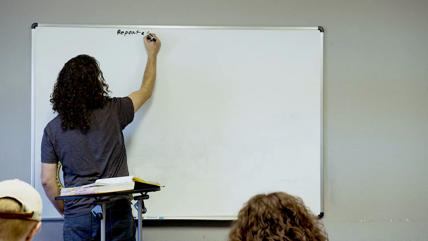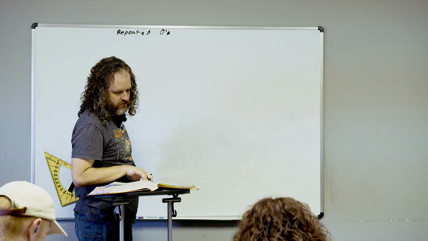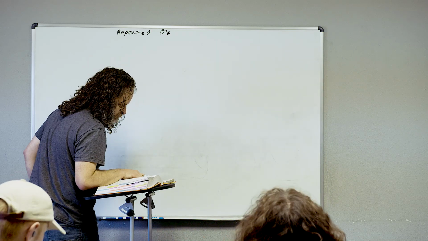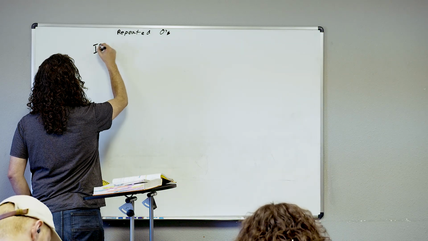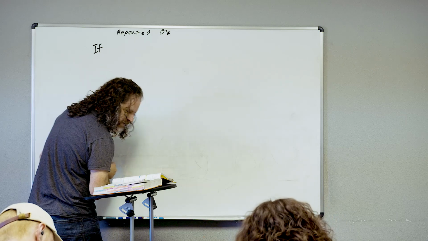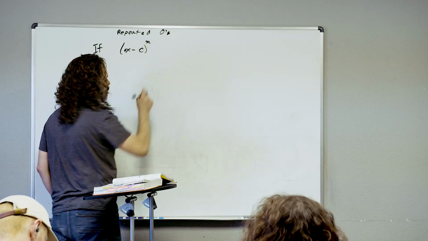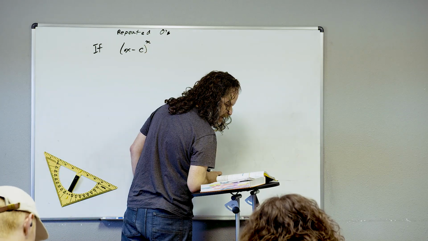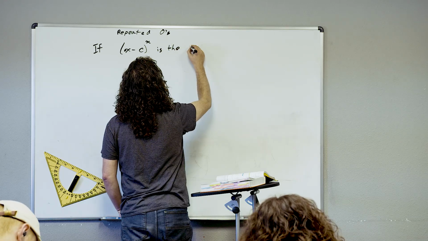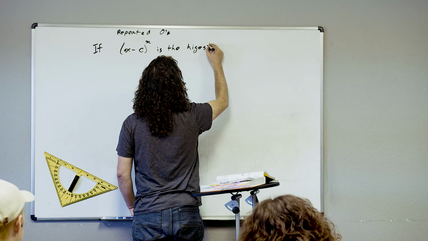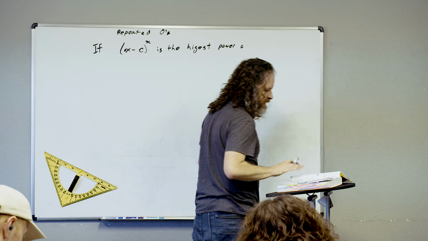Repeated zeros, which we kind of just saw an example of, right? If x minus c to the m is the highest power of x minus c.